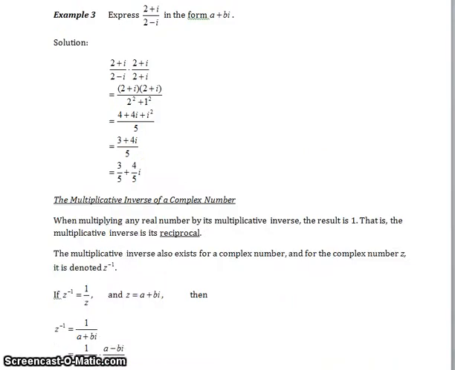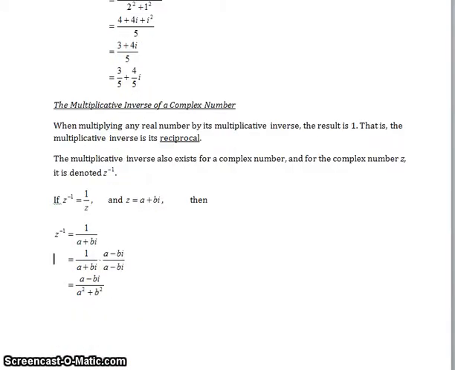Now what we're going to look at is something called the multiplicative inverse of a complex number. We're used to working with the multiplicative inverse already of real numbers, and that simply achieves the result of 1. So the multiplicative inverse of 2 is 1 over 2, because when we multiply them together, the 2's cancel and we're left with 1.